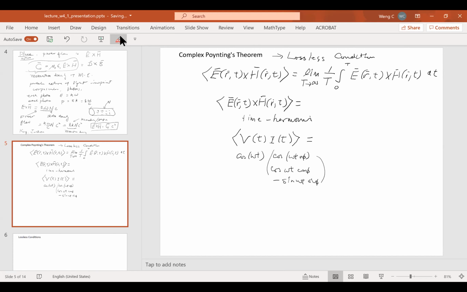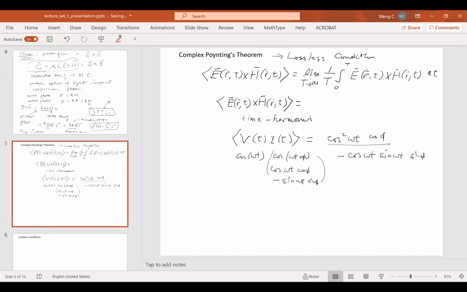You multiply this out, you will have a term that is proportional to cosine squared omega t cosine phi. And then you have another term that's proportional to cosine of omega t sine of omega t sine of phi. You will take the average of this. Would the time average of the first term be zero?